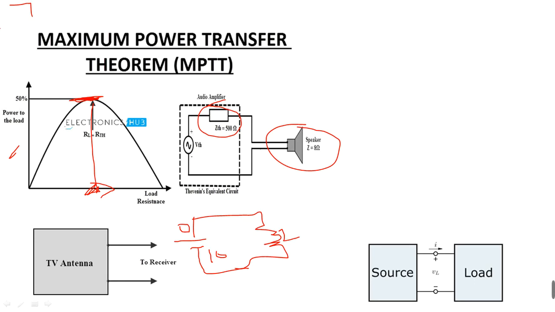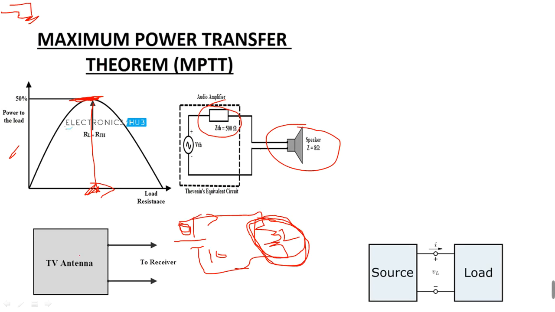Somebody asked me that if the internal resistance of the battery is 0, then for transferring maximum power, what should be the resistance of the load? Answer this in the comment section, students. If you answer me, then I think you have understood everything.